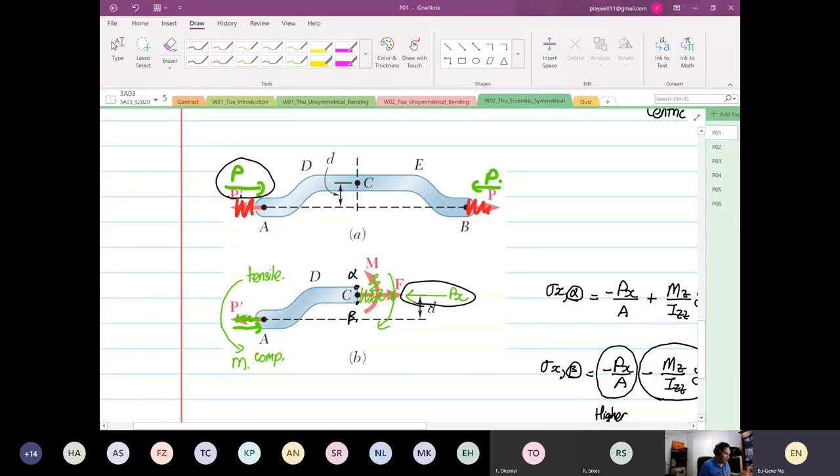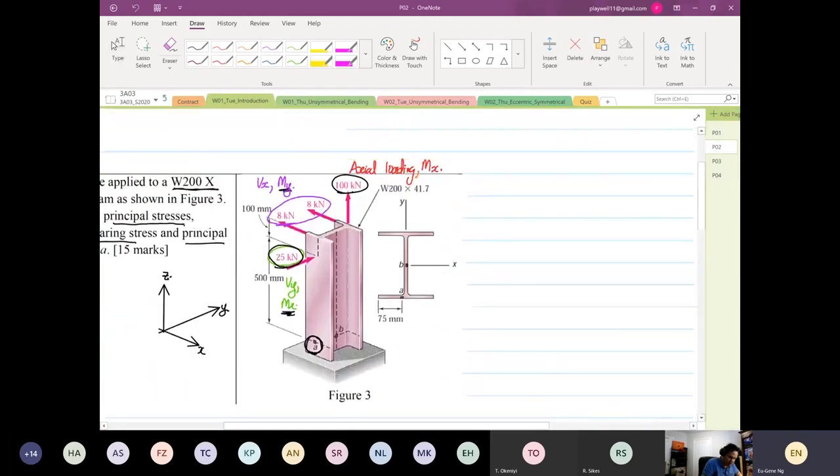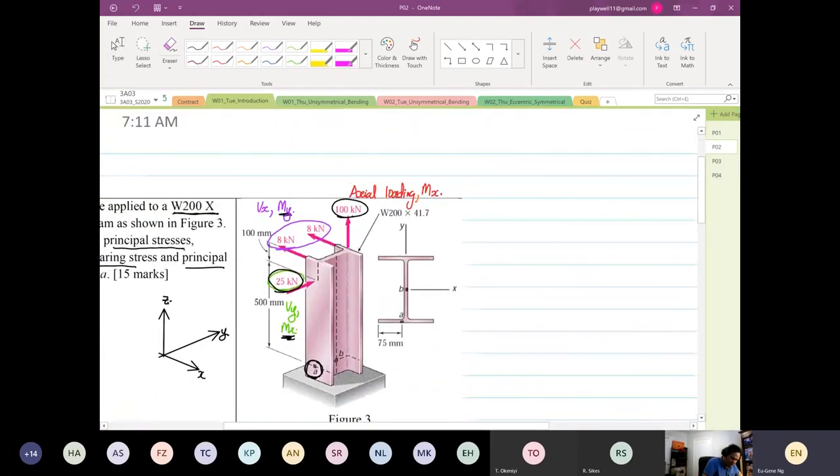So don't be like me, so forgetful, because later on when you look at a structure like this, especially the 100 kilonewton over here, it's not just inducing a moment, but it's also inducing an axial loading of also 100 kilonewton at the centroid. If you miss that out, your entire stress analysis will go down the window and it's a waste of time. So do not forget that.